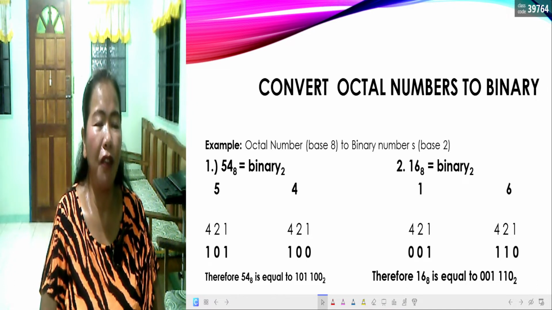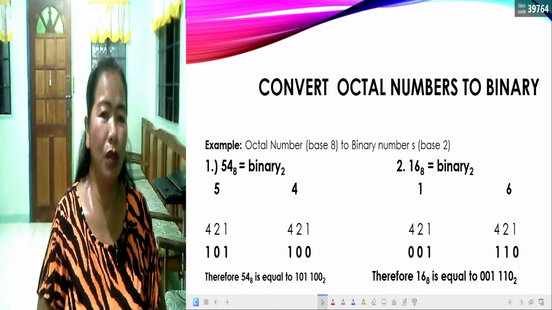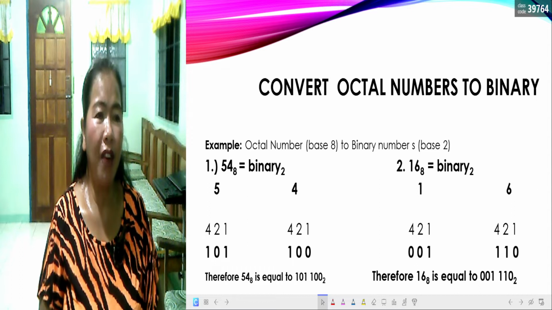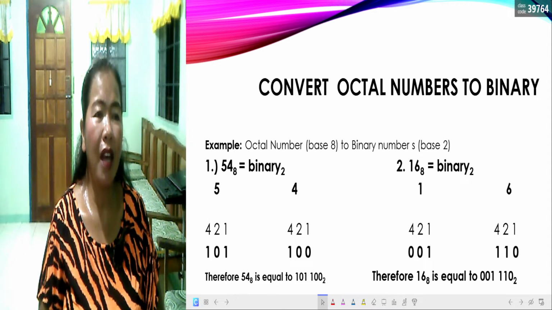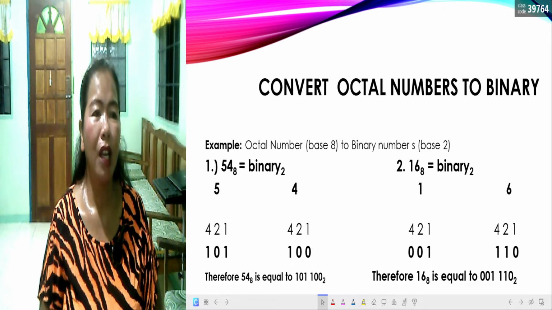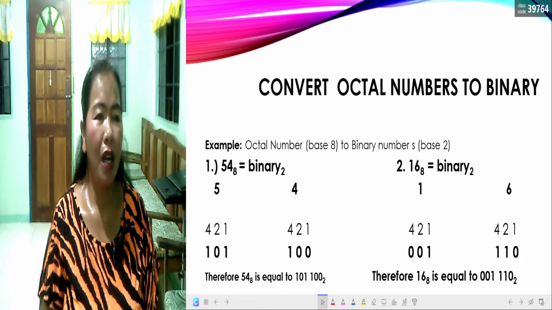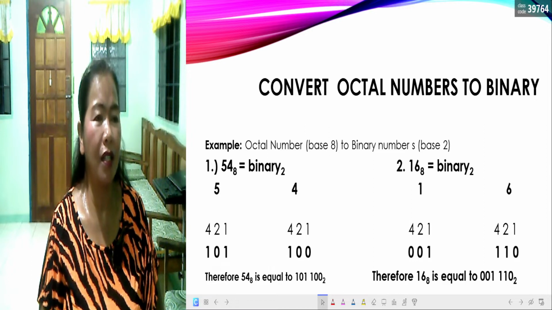So for 5, you should look at where you can find a sum of 5. Out of 1, 2, and 4, you have to consider where to get a sum of 5. So 4 and 1, that is equal to 5.